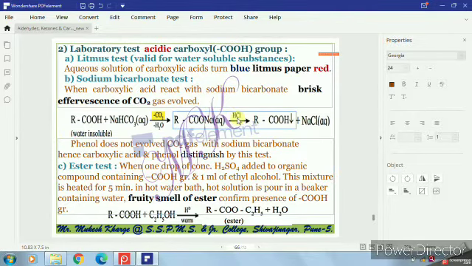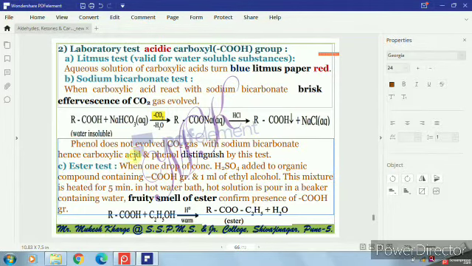If we add HCl to the sodium salt of carboxylic acid, we again get RCOOH, that is carboxylic acid, plus NaCl. So this is the chemical test by which we can detect the COOH functional group in the laboratory. Phenol does not evolve CO2 gas with sodium bicarbonate.